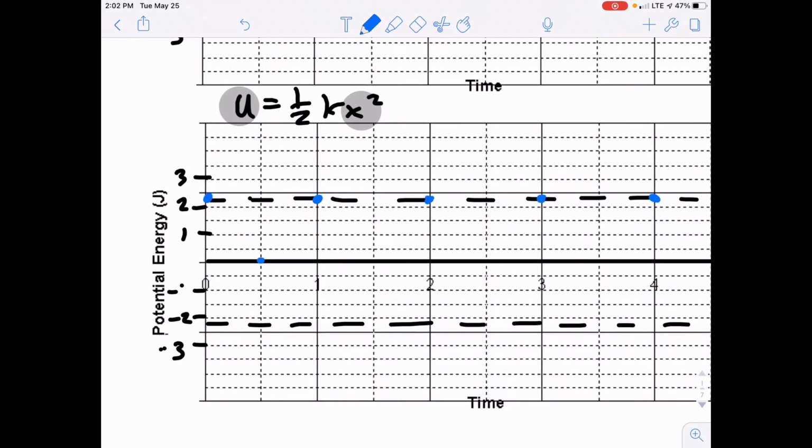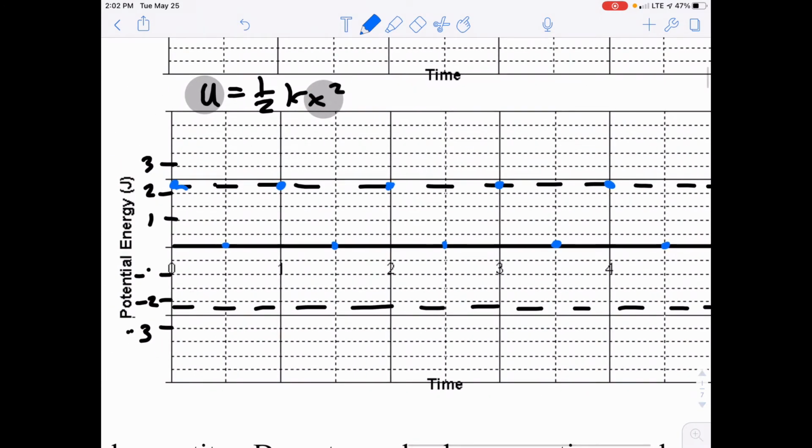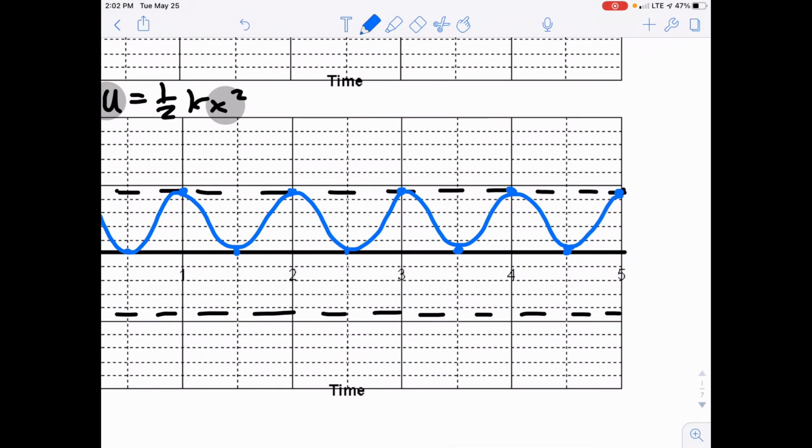The minimum will always be 0. You're not going to get lower than that. And it'll simply alternate between those points. Very easy to come up with.